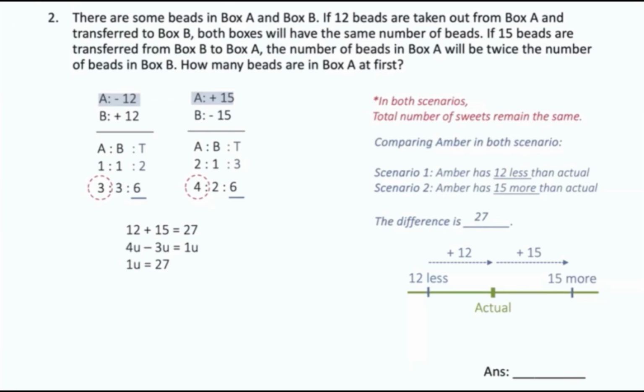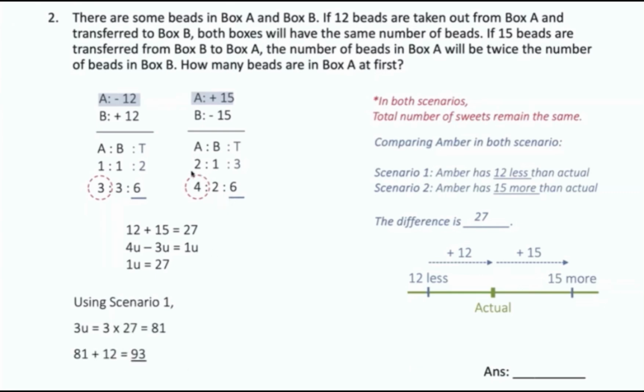Now we can read the question. The question is asking how many bits are in box A at first. You can use either this or this. First scenario, A is 3 units and I add back 12, because it was minus 12. 3 units, add 12, 93.